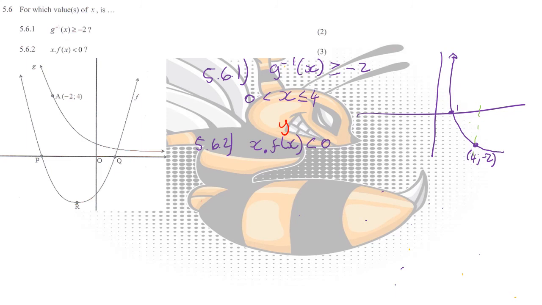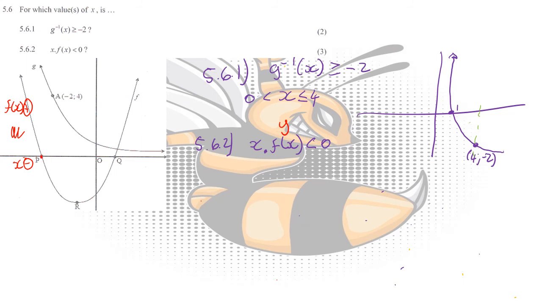So if we take a look at the values before p at this side, which is now red, we know that my x values are negative, but my function f of x will be positive. So if I multiply those two answers, it will always give me a negative answer. So all my points before p are applicable in this case.